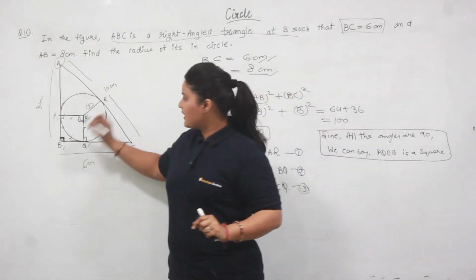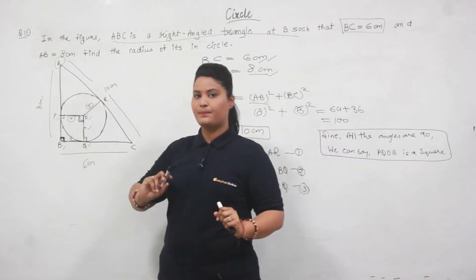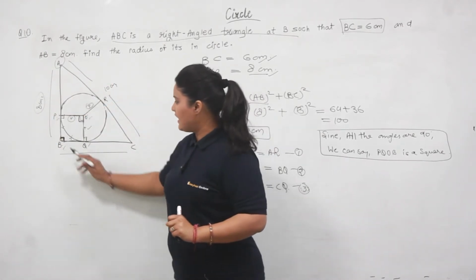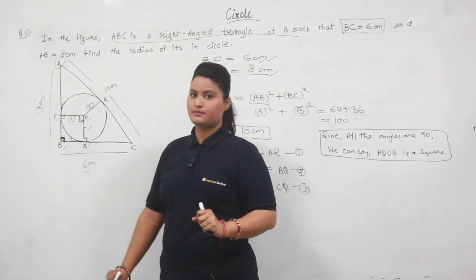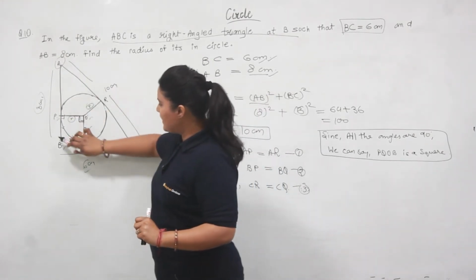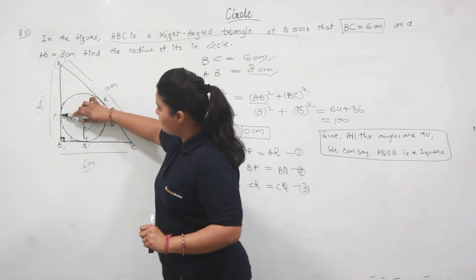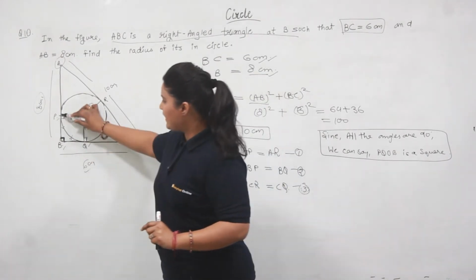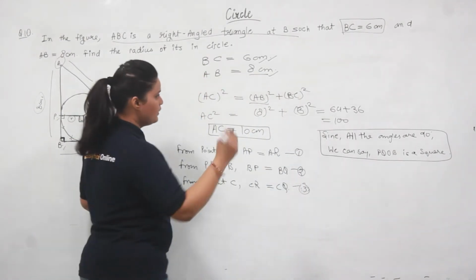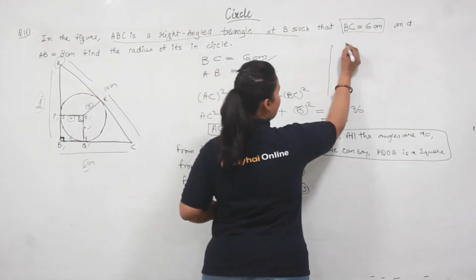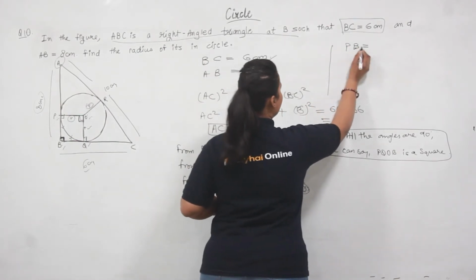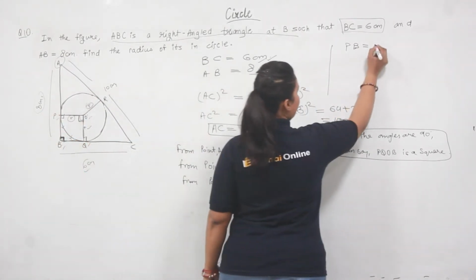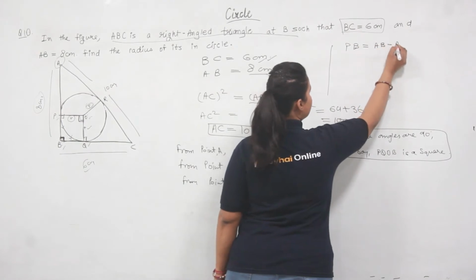Okay, now come again, we have to find out the value of R. And we already know that the length of this is 8 and this base is 6. So can I write AB is equals to AP plus PB, or I can say PB is equals to AB minus AP.